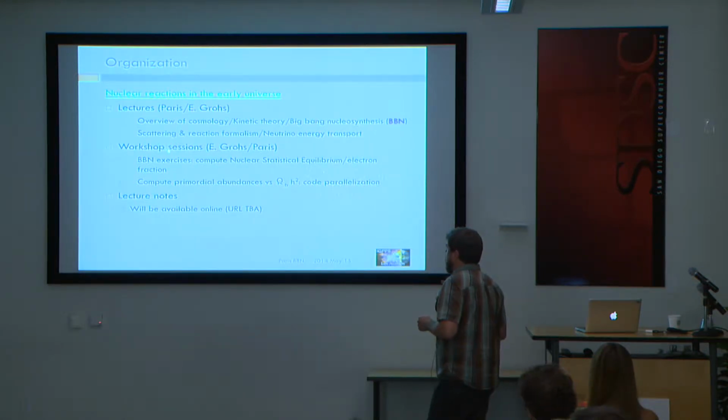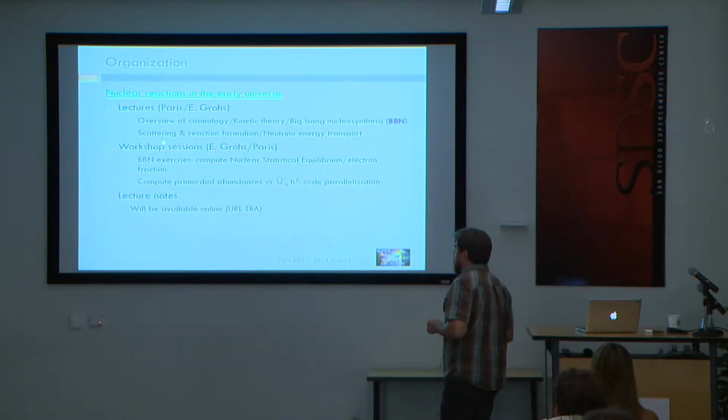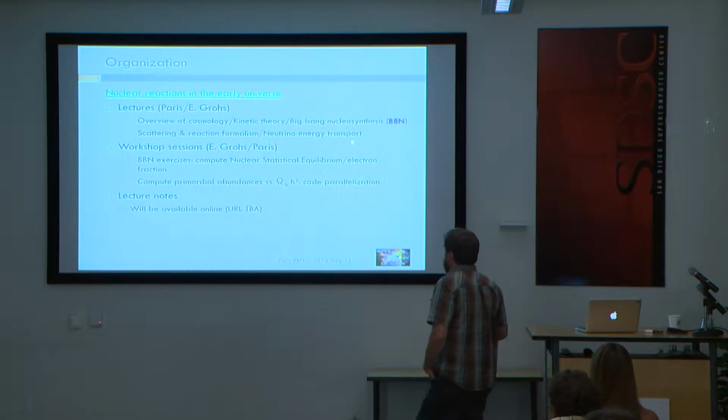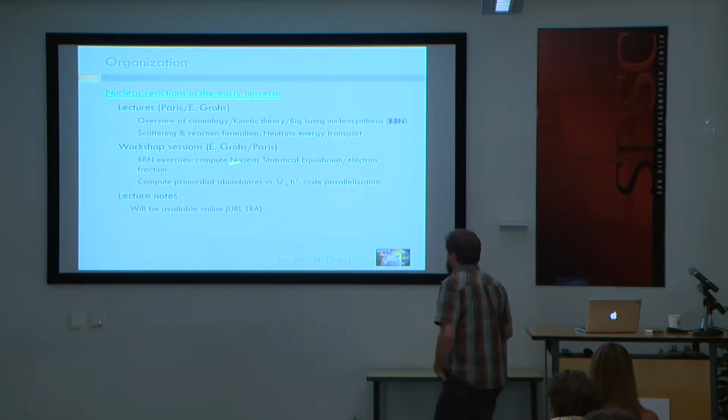so that you can self-guide yourself through the workshop this afternoon. Tomorrow we'll talk about scattering and reactions and a little bit about neutrino energy transport and its impact on Big Bang nucleosynthesis.